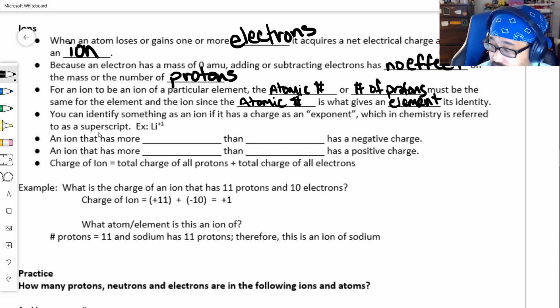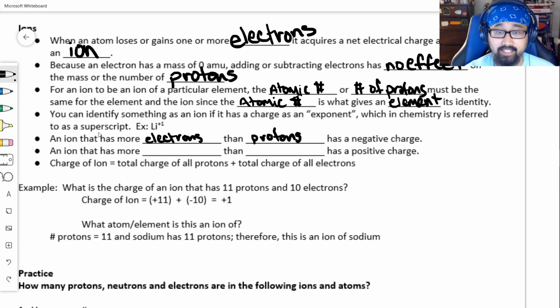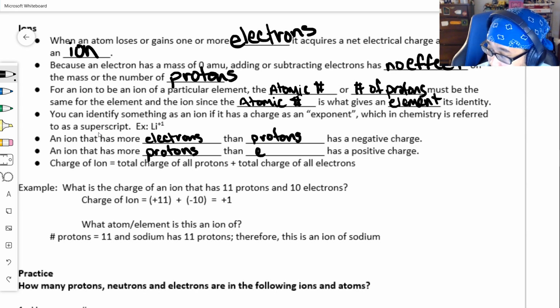If an ion has more electrons than it has protons, then it has a negative charge because electrons are negative. On the other hand, if you have an ion with more protons than electrons, then it has a positive charge.